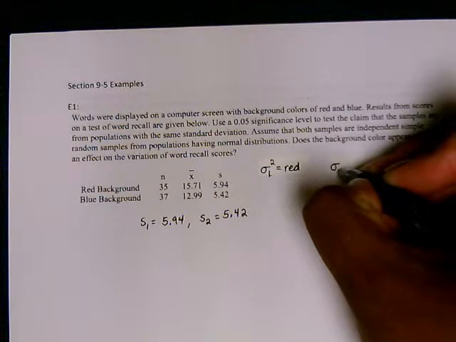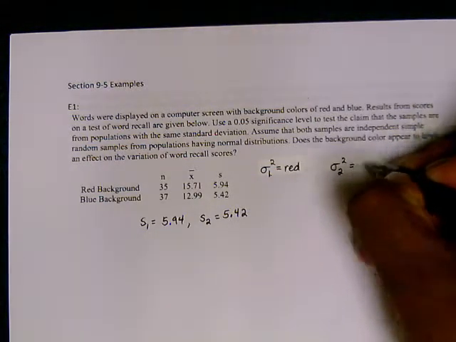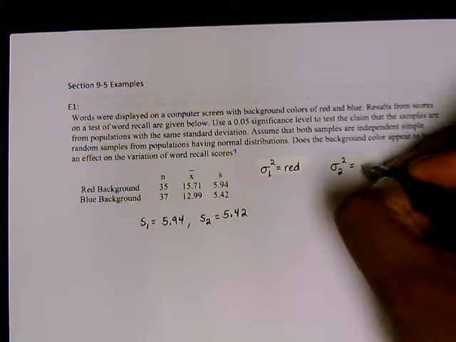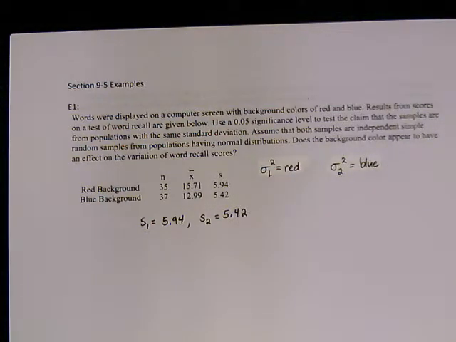And then the blue background will be sigma 2 squared, the population variance of the second one, which has the smaller standard deviation. So sigma 1 squared will be the red background, sigma 2 squared will be the blue background.